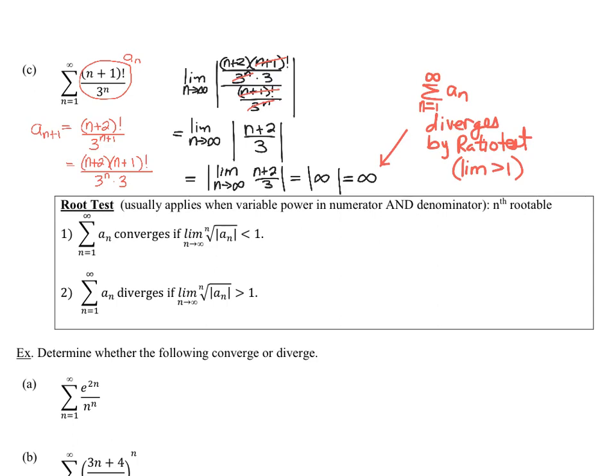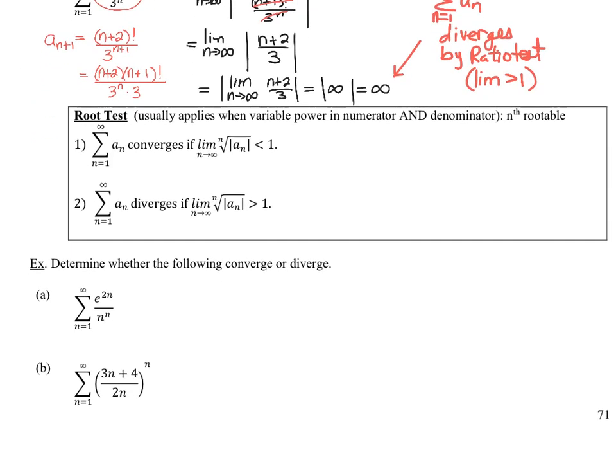The root test is much easier, which is why I don't feel bad about throwing it on at the end here. It usually applies when there's a variable power in the numerator and denominator, but also it has to be nth rootable. So you're not going to see cases where there's a factorial involved, because you can't easily take the nth root of something that is in factorial form.